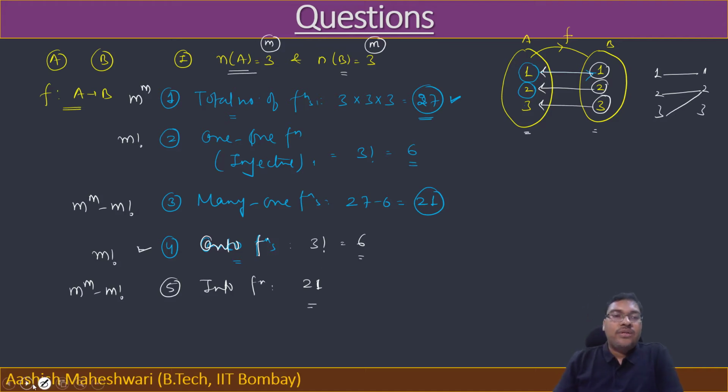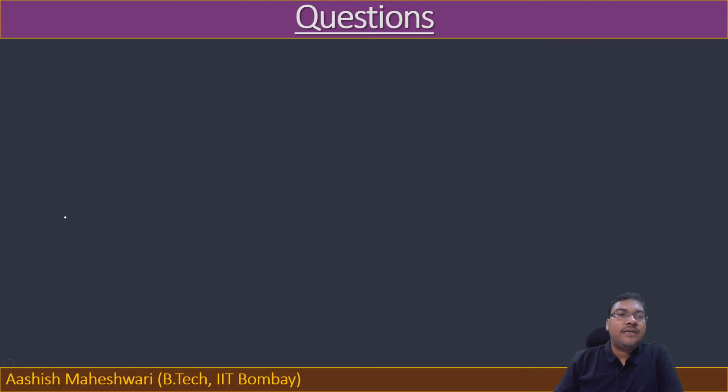Okay. So now let's try the second case. Now the second case says, let's say number of elements in set A is 5 and number of elements in set B is equal to 3.